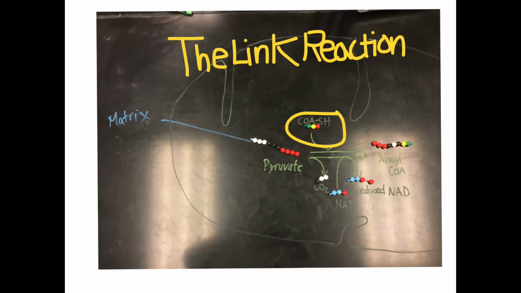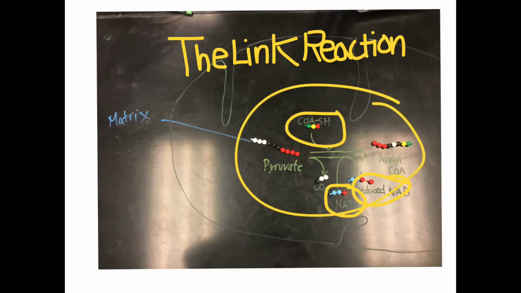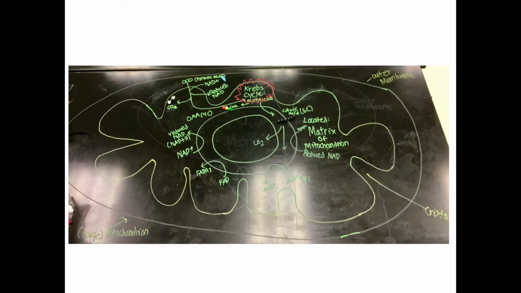These react with the NAD+ to produce the reduced NAD. This is called the link reaction because it links glycolysis with the cycle of reactions that follow, and which produces the acetyl-CoA.